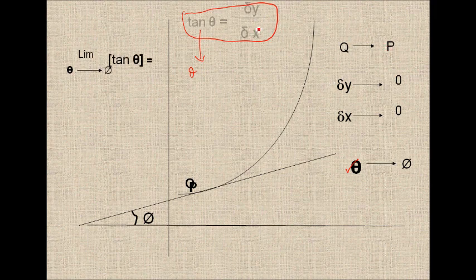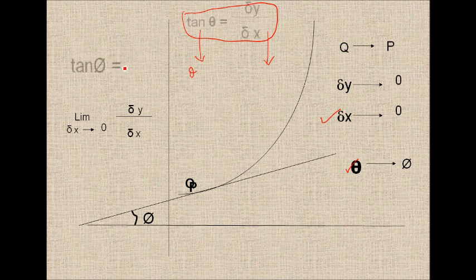And on this side x is the variable, and we can apply this limit for the right hand side. So limit delta x tending to 0 of delta y over delta x becomes the limit of the right hand side, and limit of theta tending to phi of tan theta becomes the limit of the left hand side. As theta becomes phi, tan theta becomes tan phi.